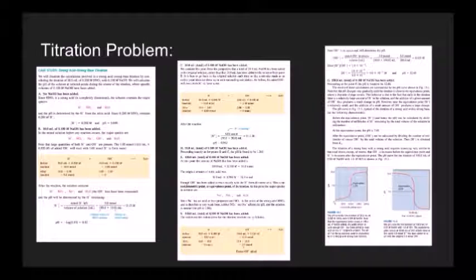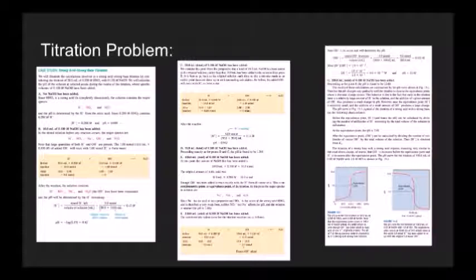Okay, so next we're going to talk about titration problems. As you can see, there are different kinds of titration problems depending on the amount of base that can be added to a solution. So let's talk about B first. First you have 50 milliliters of 0.2 molar HNO3 and 0.1 molar NaOH.